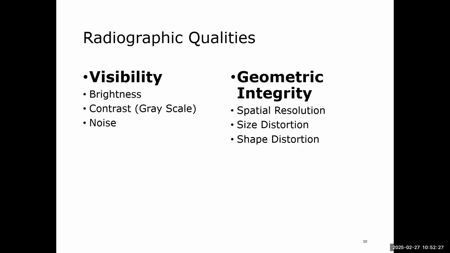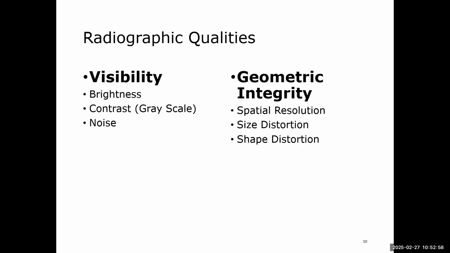Spatial resolution, size distortion, and shape distortion all fall under geometric integrity, because those things are affected by the geometry of the beam, the way that the photons come out of the tube and are directed at the patient. We know that they are what? Divergent, right? They do travel in straight lines, but they diverge from the focal spot.